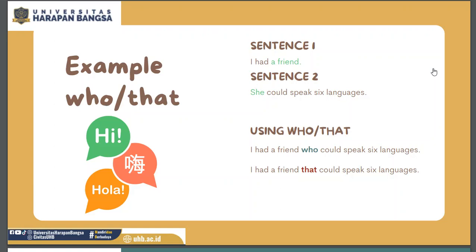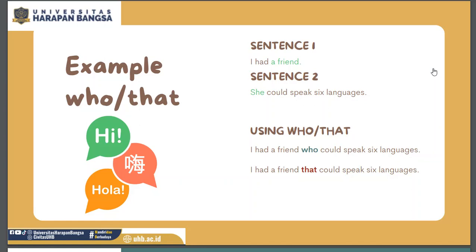We will learn how we use these relative pronouns in a clause which is called a relative clause. For example, the first sentence: I had a friend. The second sentence: she could speak 6 languages. It becomes: I had a friend who could speak 6 languages.